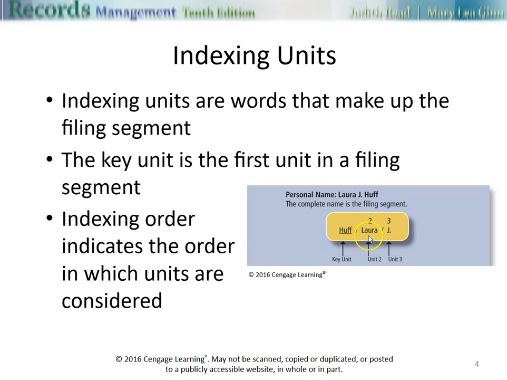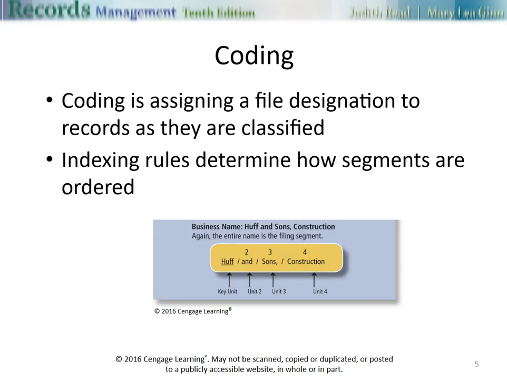After that, we would separate into separate units for her first name, and then if she had a middle initial, the middle initial would be last. But basically, indexing units just gives us a step-by-step order, so files stay consistent no matter who's indexing them. So once you decide where a record belongs, you would then code it.